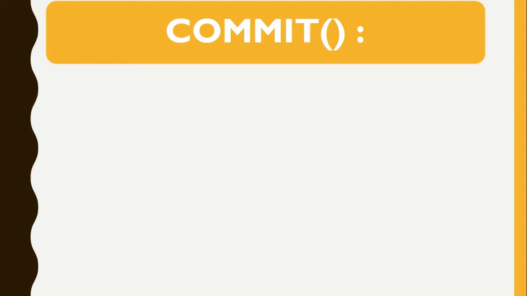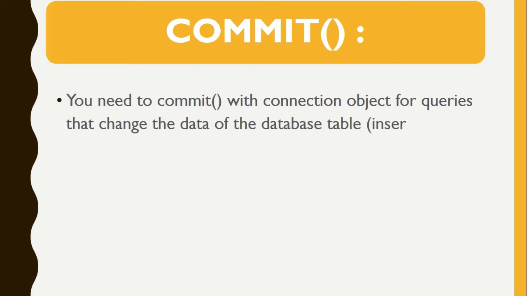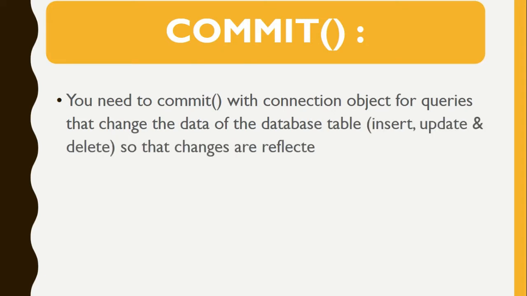I have already told you many points regarding the commit command, but I want to add one more. First of all, you need the commit command with the connection object for queries that change the data of a database table, so that the changes are reflected in the database. That point you already know.